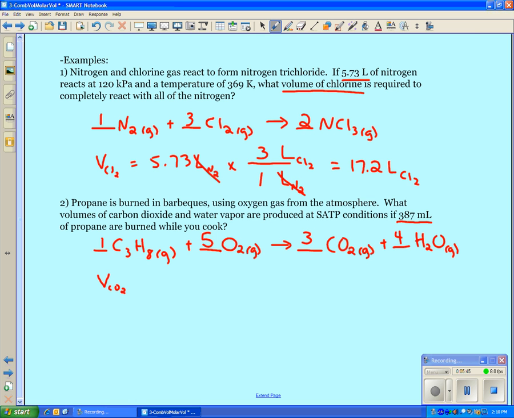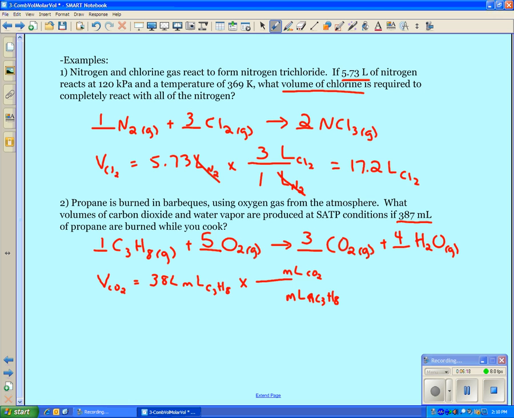So we'll do the carbon dioxide first, starting with the number that we know, which is 387 milliliters of propane. We can multiply by our ratio again that we get from our balanced reaction. We're looking for milliliters of CO2, so that goes on the top. And we're canceling the milliliters of propane, so that's going on the bottom.